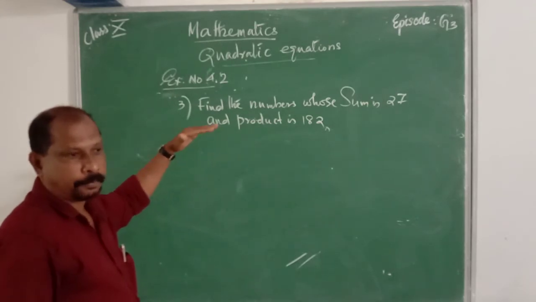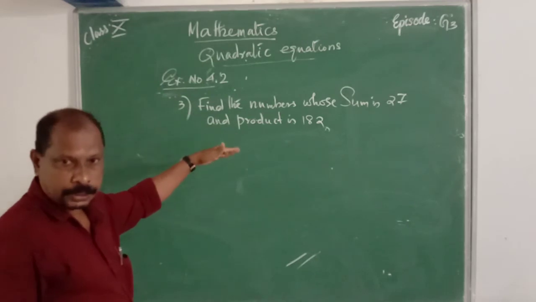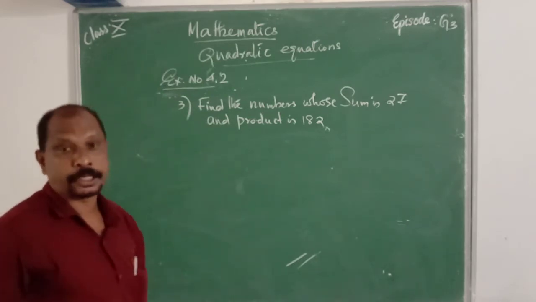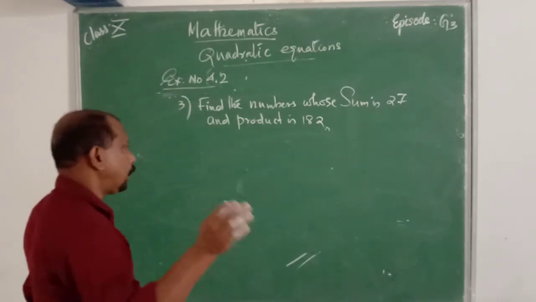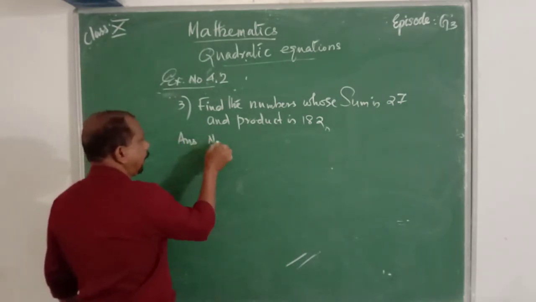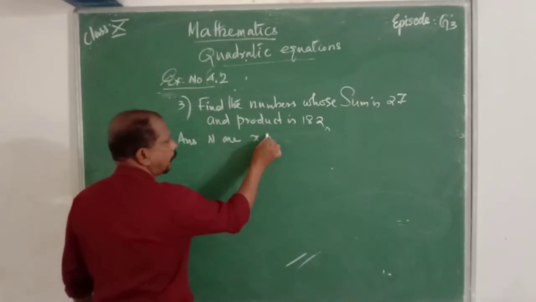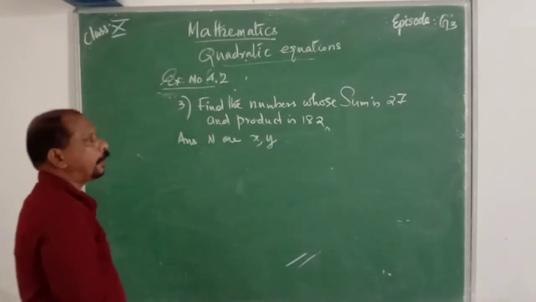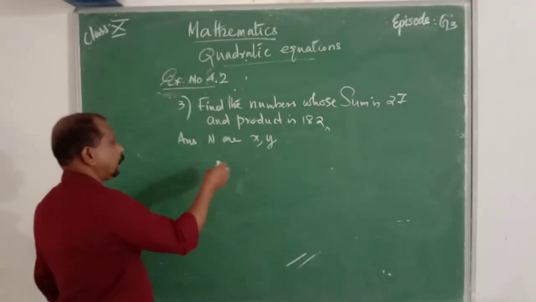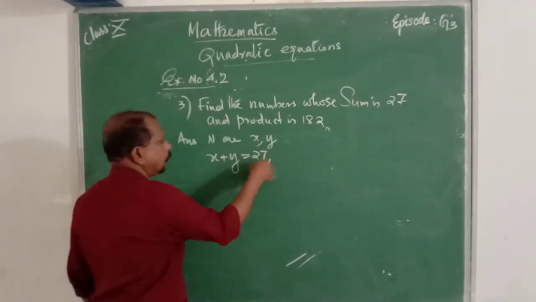We can represent the result of this word question in quadratic form, then solve. That means answer. Numbers are x and y. Then what is the sum? 27. x plus y is equal to 27.